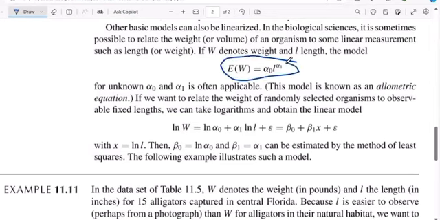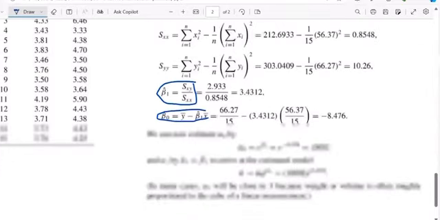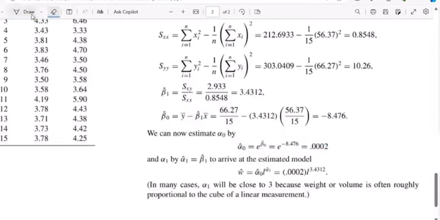All I'm going to do is plug in alpha naught and alpha 1. When I plug that in, I'm actually going to have this. You see that?